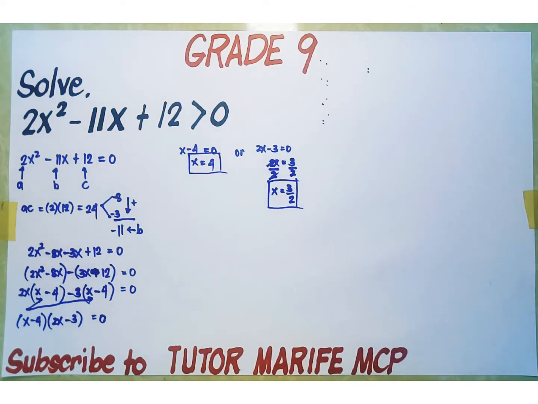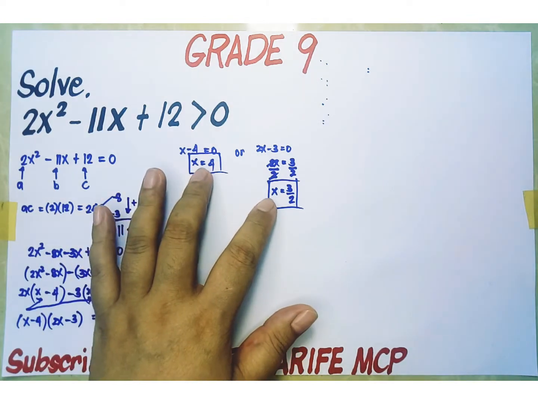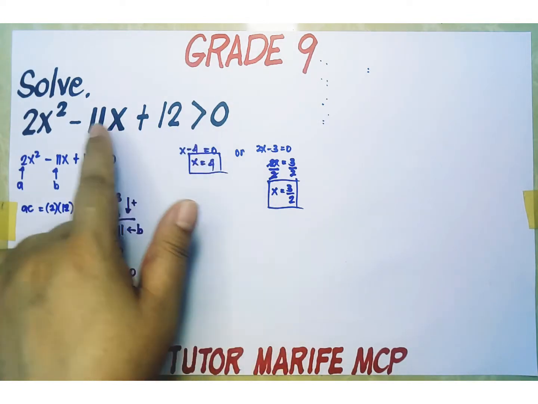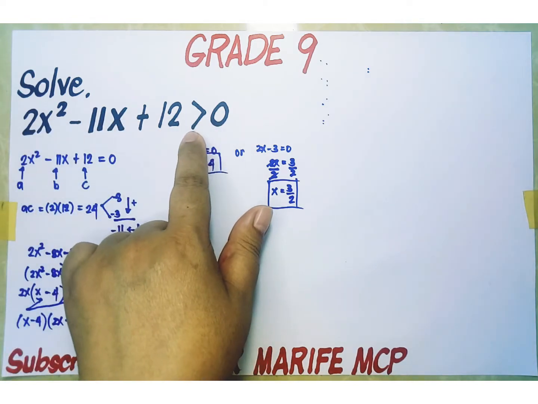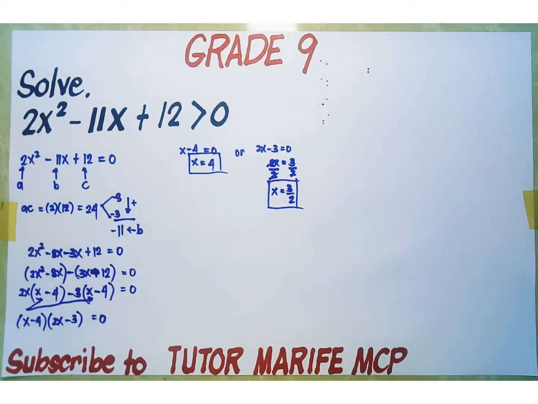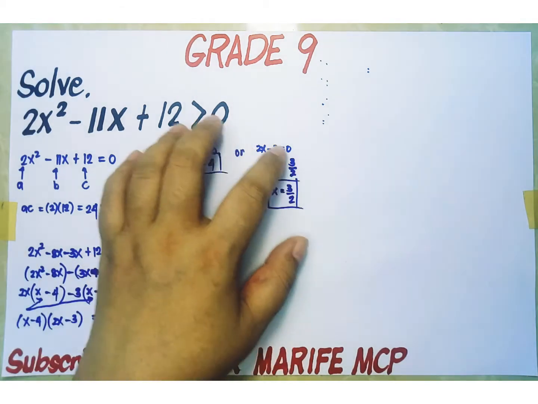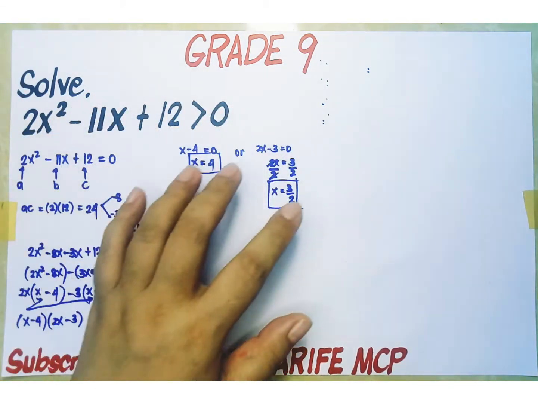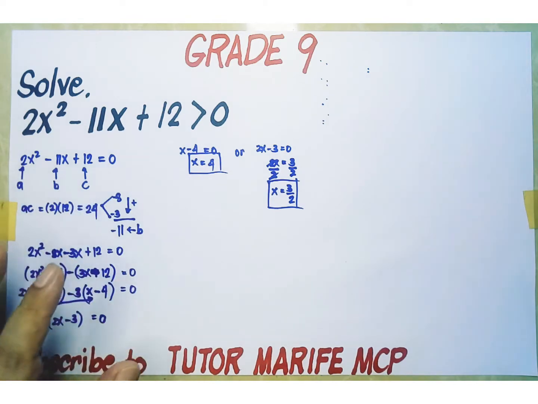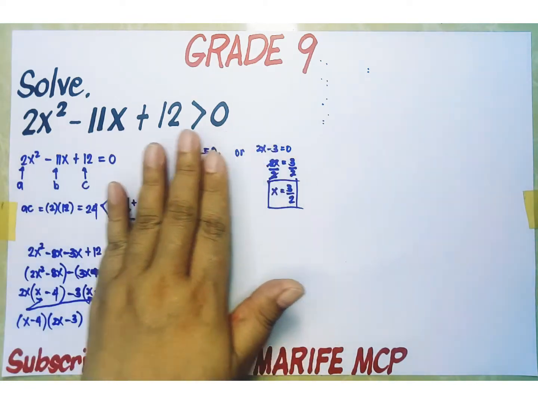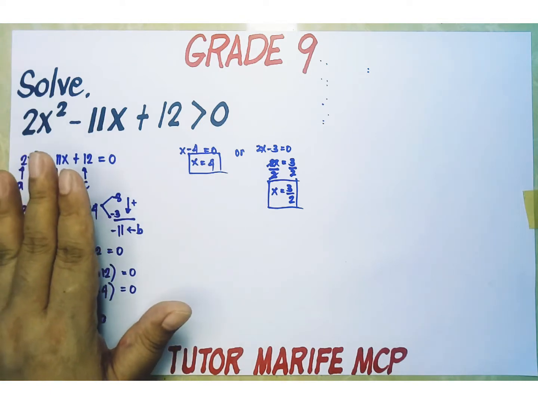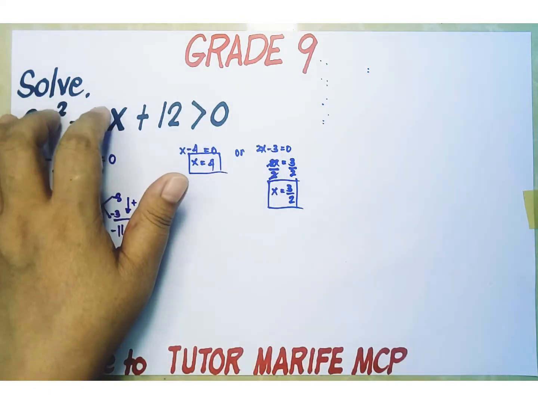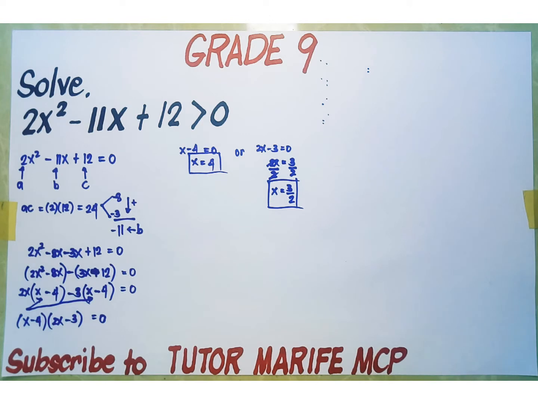Okay? If only this is a quadratic equation, we're done. But since we are solving for the solution set of a quadratic inequality, this is just actually our initial step. The whole process in solving quadratic equation is only a part of the whole process in solving quadratic inequality.